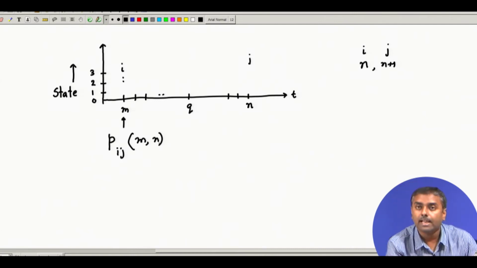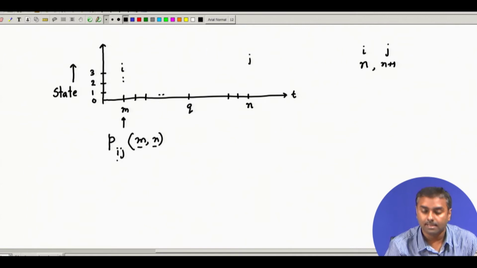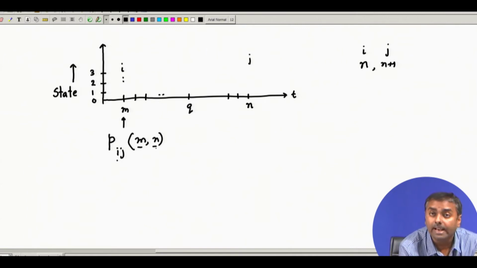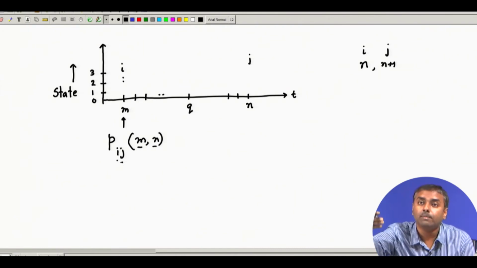What is this? This is a scalar parameter. It says that at m it was in state i, and what is the probability that at n it will go to j. So, given that it is in state i, what is the probability that at the nth instance it will go to j?